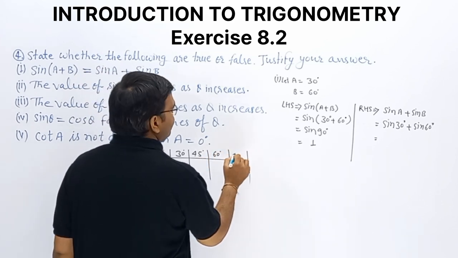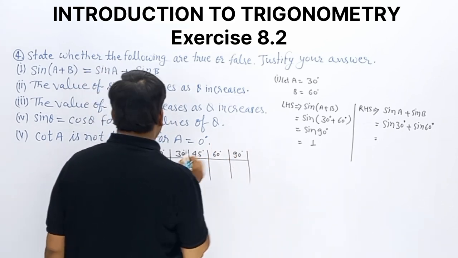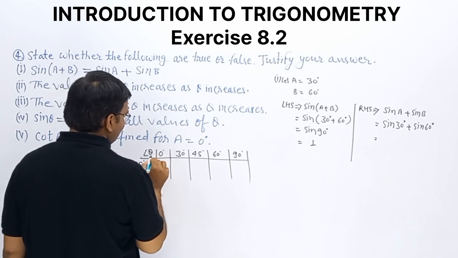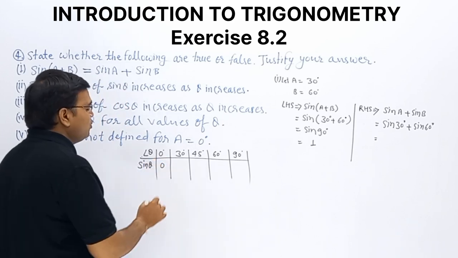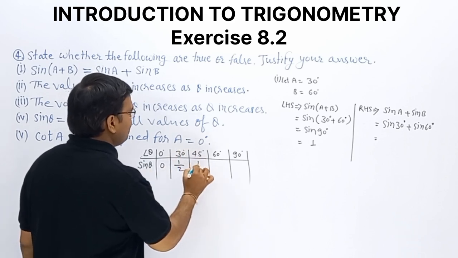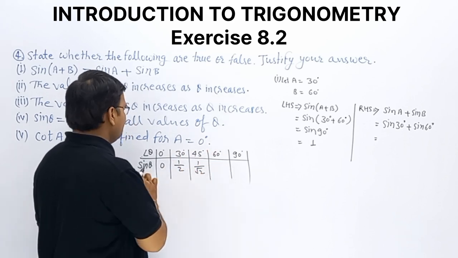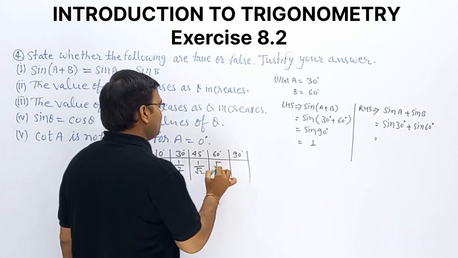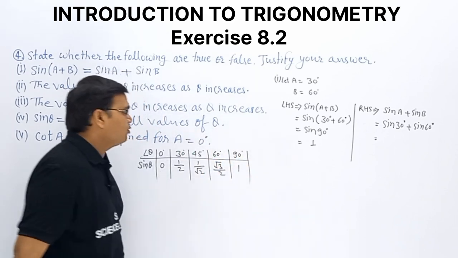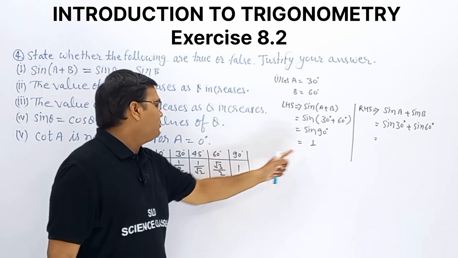What will be the values of sine theta? Sine 0 degree will be 0. Sine 30 will be what? 1 by 2. Sine 45 degree will be what? 1 upon square root of 2. Sine 60 degree will be what? Square root of 3 by 2. And sine 90 degree will be what? 1.